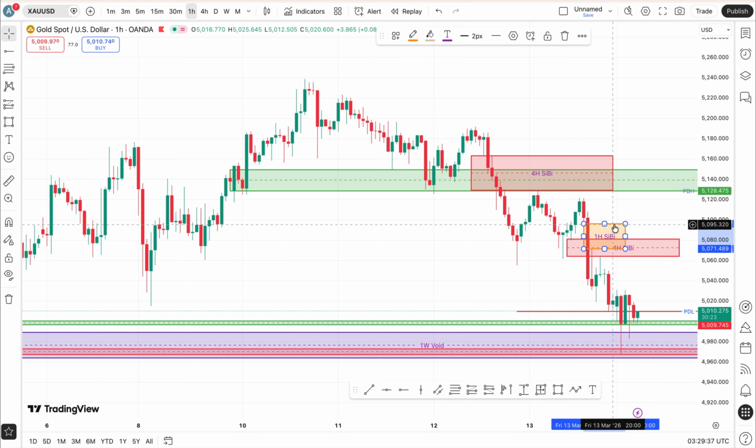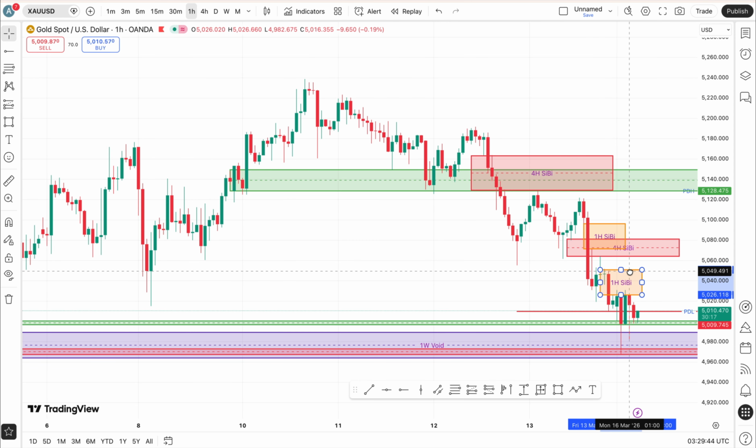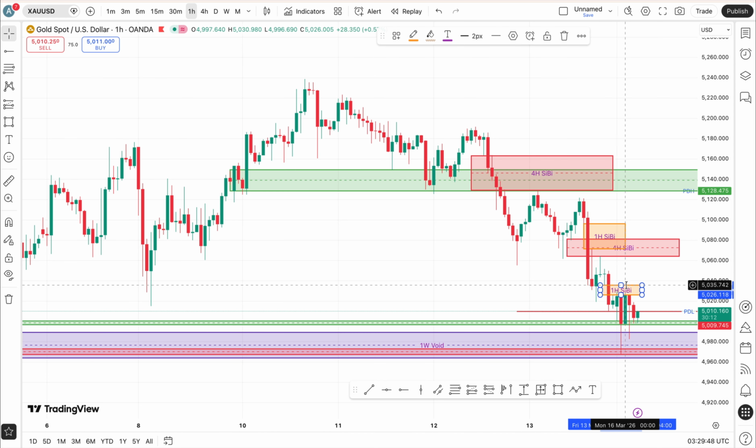I can spot a few more, one of which would be here. And you can see that the market is reacting off of this CB which was formed the previous day in today's market.